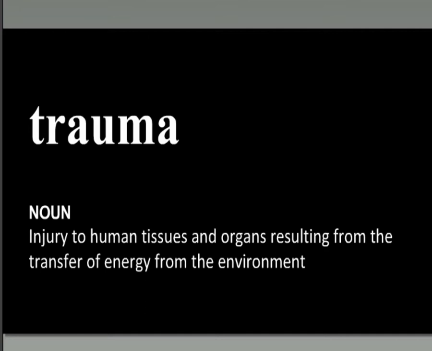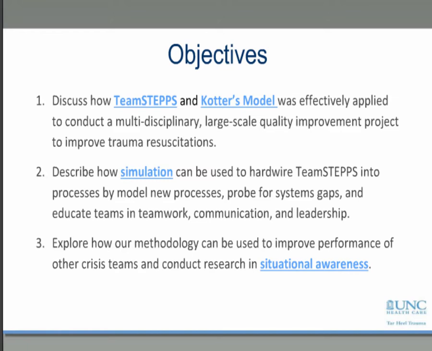So really, it affects anyone, at any age, and most of the time it's sudden and unexpected. In this case, this was a 911 call for a cyclist who was enjoying a beautiful Sunday fall morning, biking down one of the scenic Chapel Hill roads when she was struck by a car. So in a moment, people who are affected by trauma, their lives are not only changed and sometimes lost.